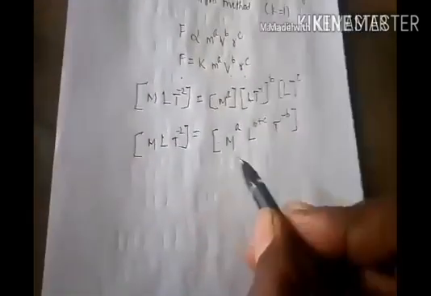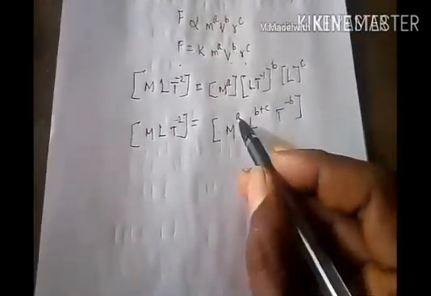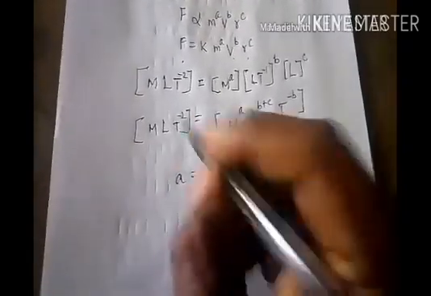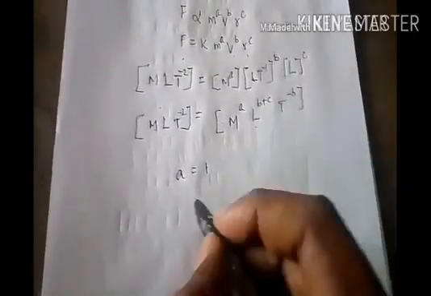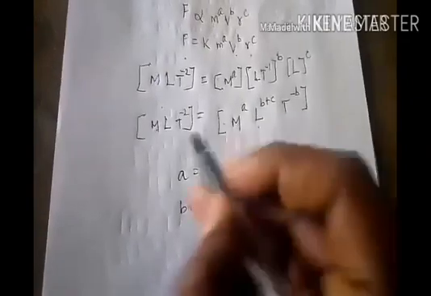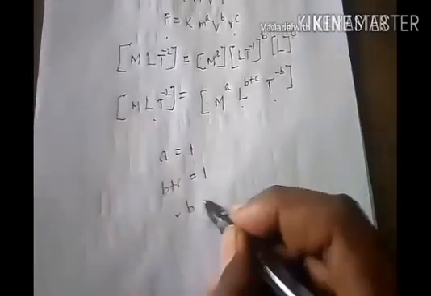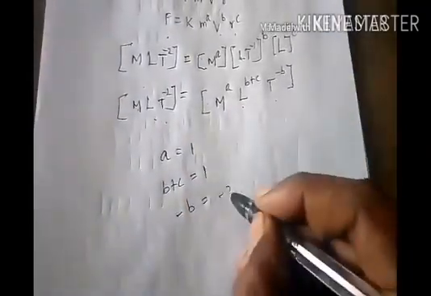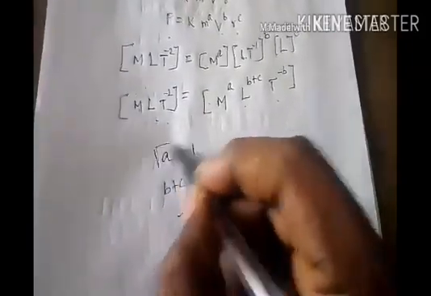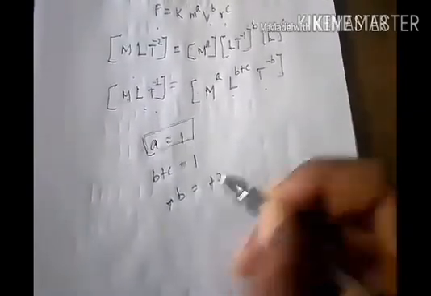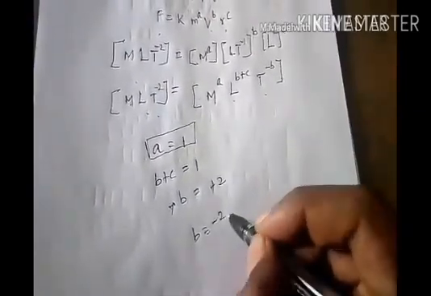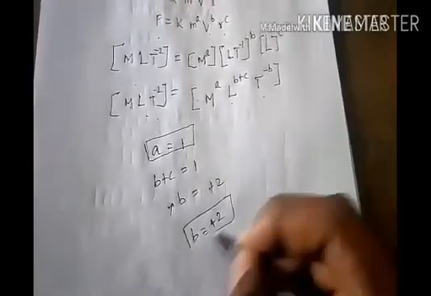Now equating the powers on both sides: the M power is a equal to 1, the L power is b plus c equal to 1, the T power is minus b equal to minus 2. So a equals 1, and for b the minus signs cancel, so b value is plus 2.